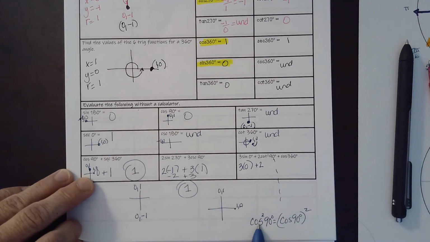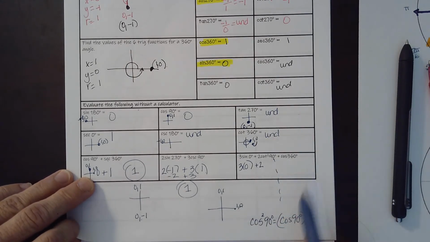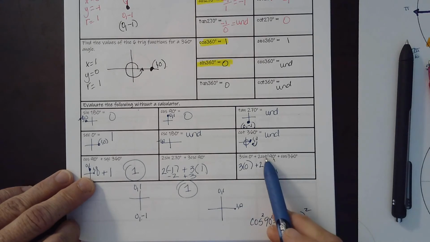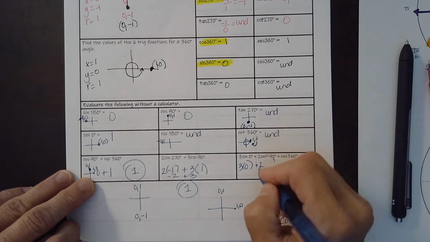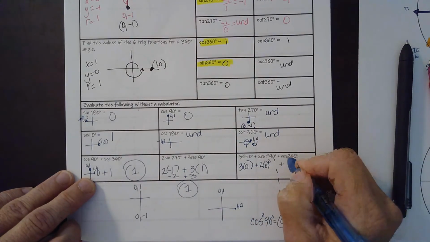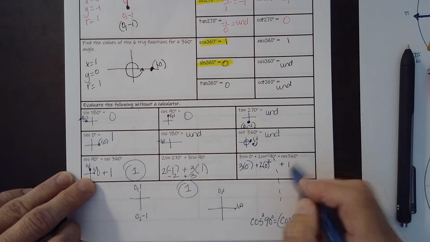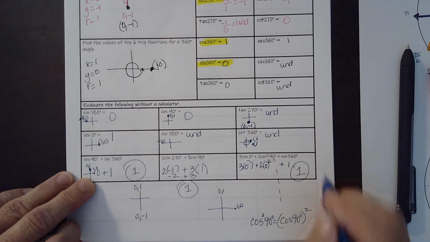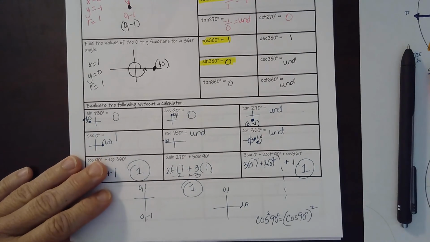So to do cotangent of 90 degrees and then square it, cotangent of 90 is 0, and then I will square 0. Then I have plus cosine of 360, which is 1. So that's 0, this is 1, and it's just a coincidence that all three of those answers actually turned out to be 1. That's just one of those freaky little things.